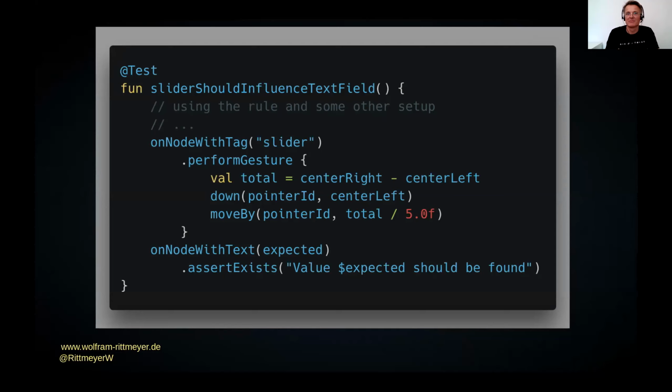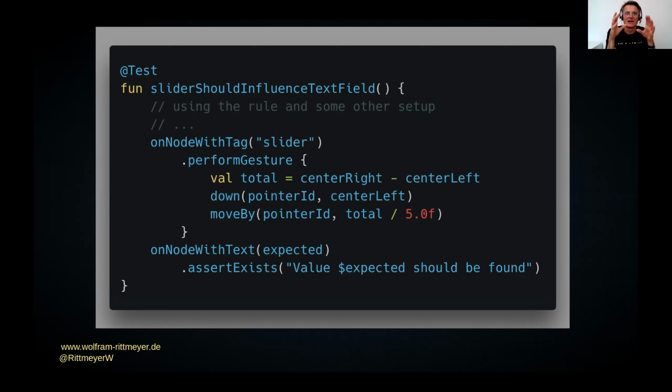And I think it's really kind of easy to use tests. So if you really create reusable components, then it makes sense to test them this way, in my opinion. One thing about this on node with tag slider, this is really something that you have to set up in your UI code.